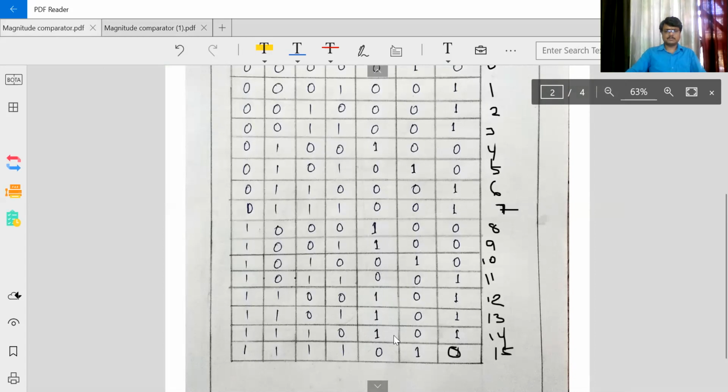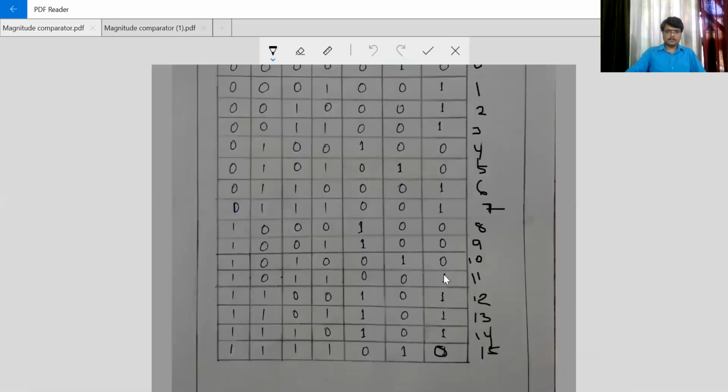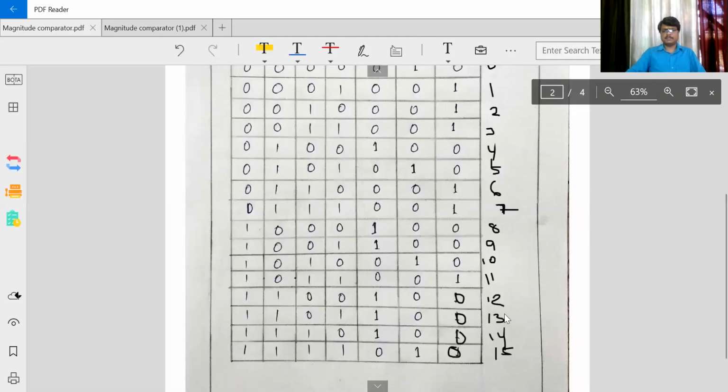All these things are there. Why is it written here? No, this is not the case. By mistake it has been written. Only one output will be high at a time.